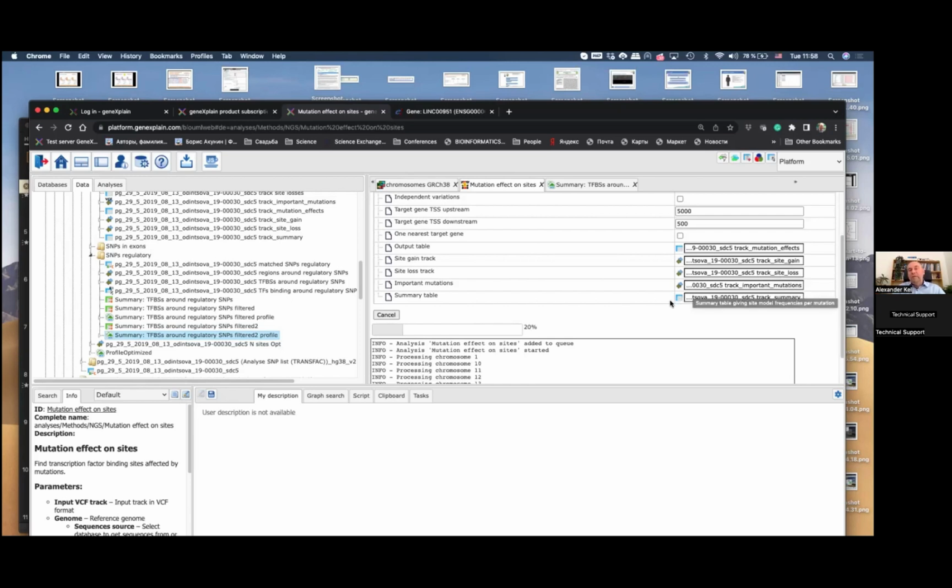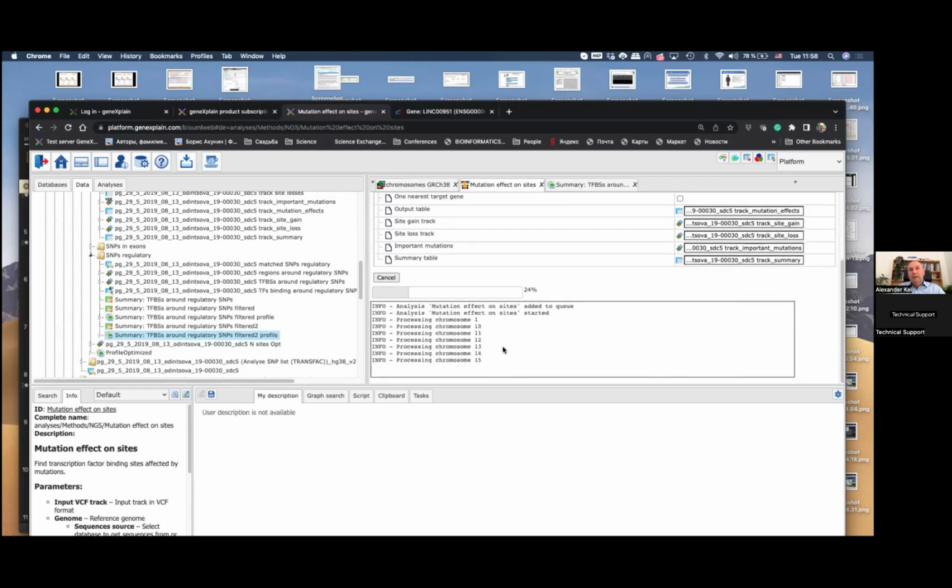All found motifs will be listed in the file, and you can also rank them by this score and by the delta. All right, okay, it's computing right now.